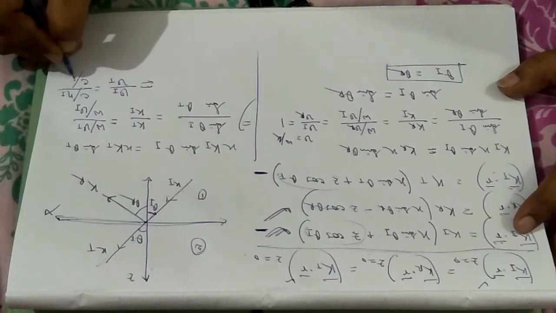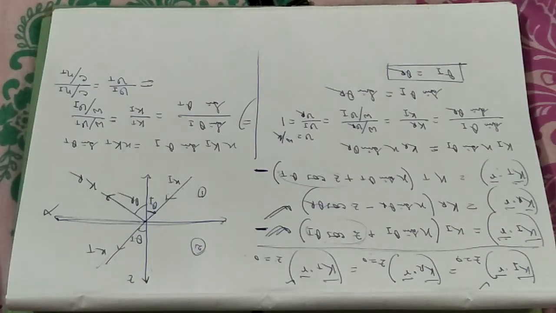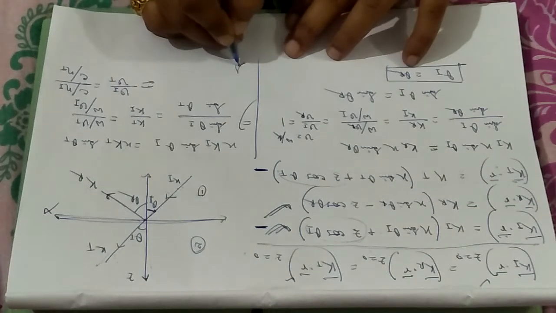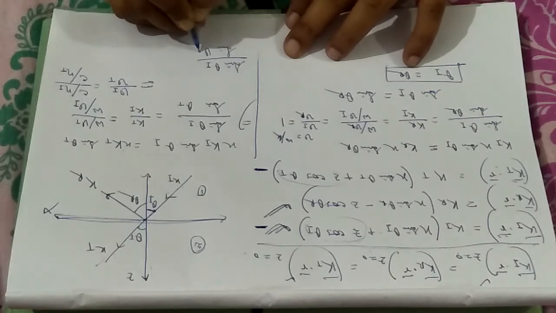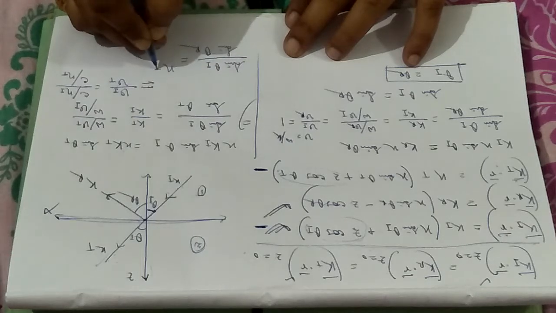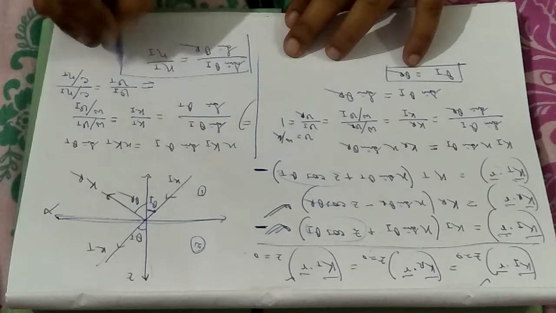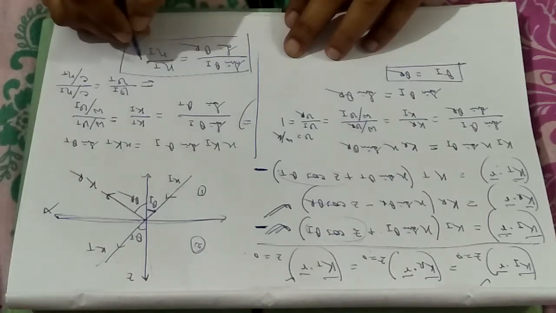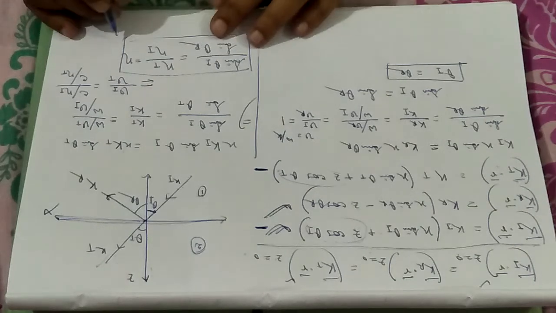What is N or eta? Whatever you call it, it is the refractive index of the mediums. So you can write sine of theta i divided by sine of theta t will be equal to Nt divided by Ni, or eta t divided by eta i. That is the relative refractive index of the medium, and this is Snell's law.